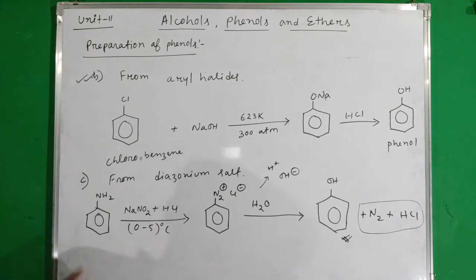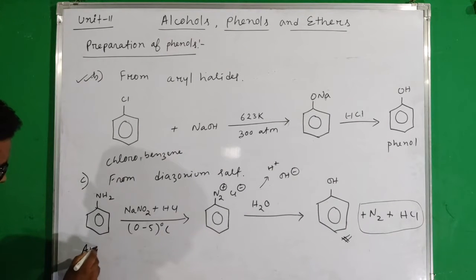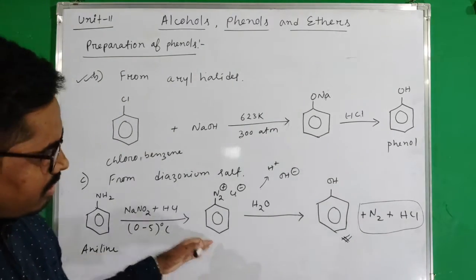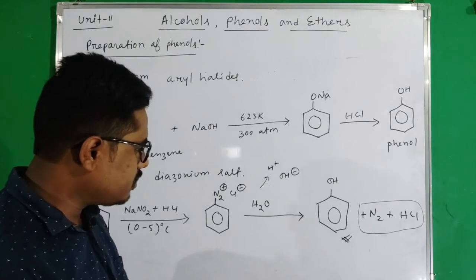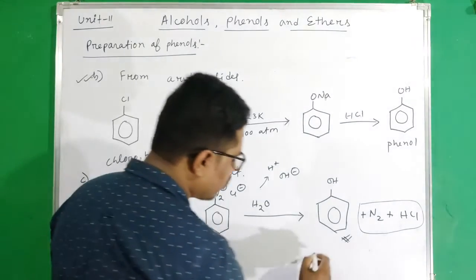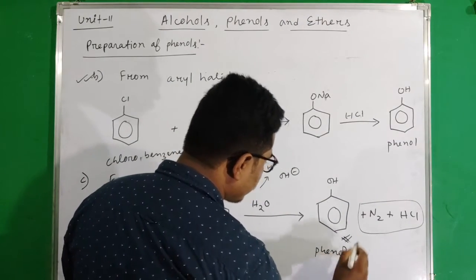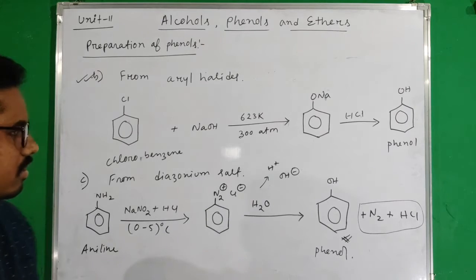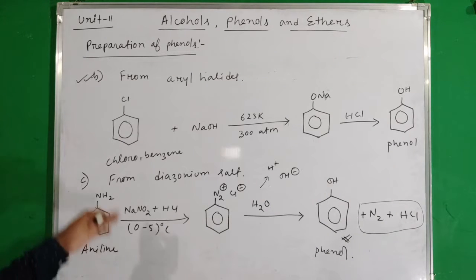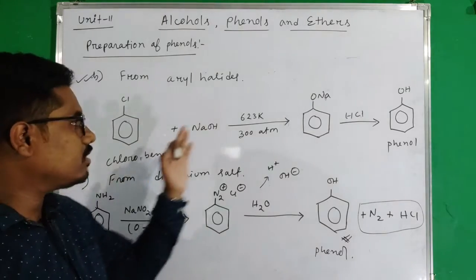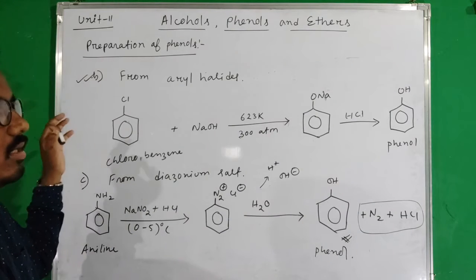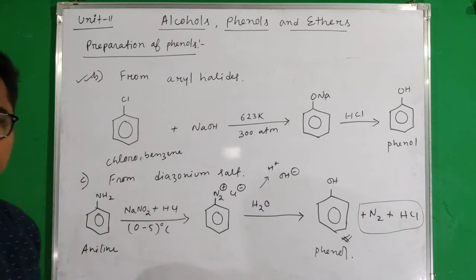So we have converted aniline into diazonium salt, and then finally the diazonium salt is treated with water to get phenol. In exams, questions will ask how can you convert aniline into phenol? You have to write this chemical reaction. Again, questions will ask how can you convert chlorobenzene into phenol? You have to remember this reaction.